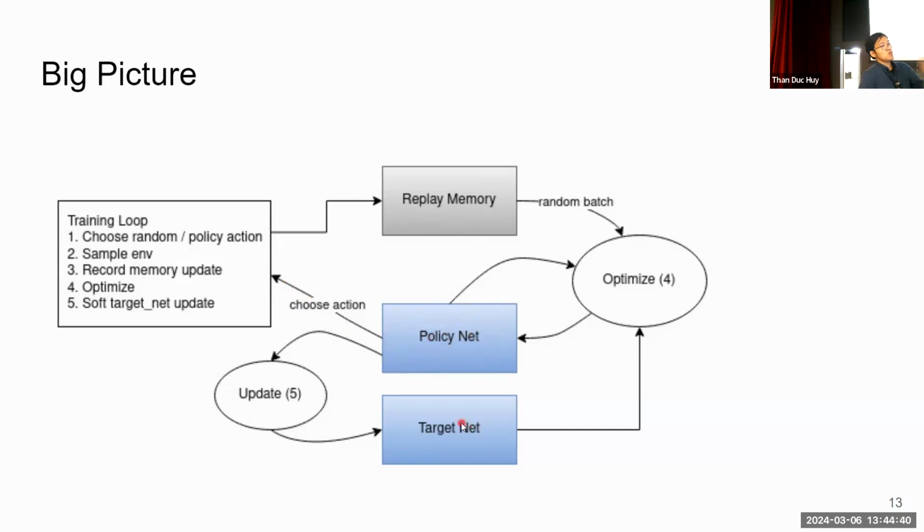But then you will ask, why is there a target net then? Because the target net helps to stabilize the calculation. Reinforcement learning is ultimately a numbers game. You have to simulate, you have to roll out for a very long time.